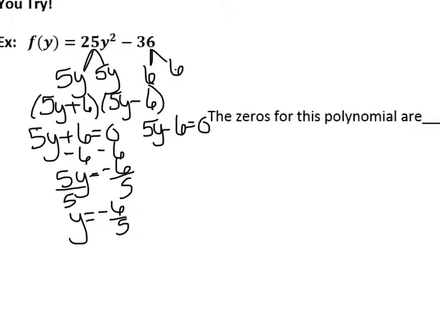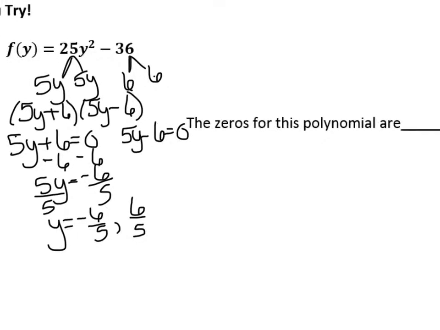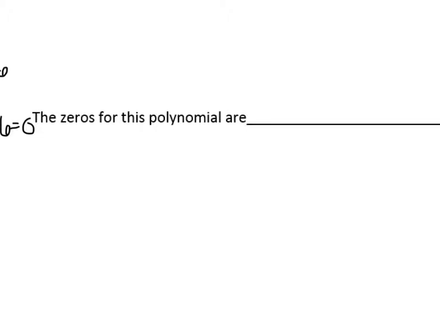If you solve the second one, that's fine, but keep in mind, for your answers, one will always be positive, one will be negative. So our zeros are negative 6/5 and positive 6/5, or you could have written it as plus or minus 6 over 5. So difference of squares is that process.